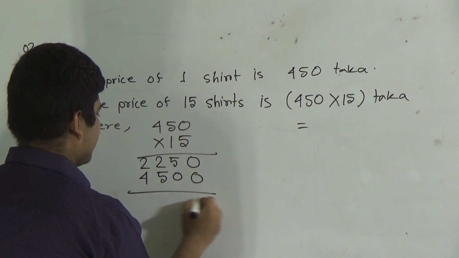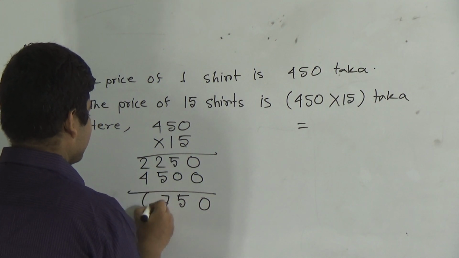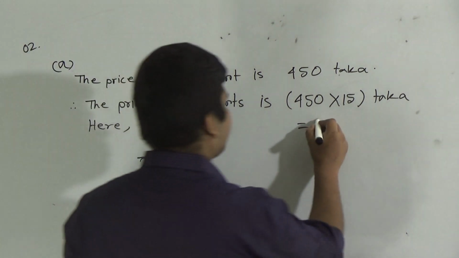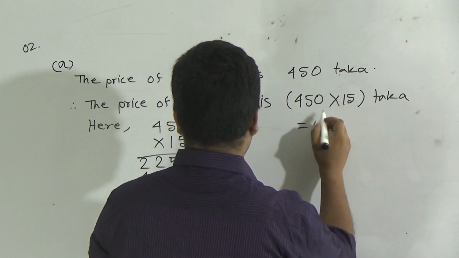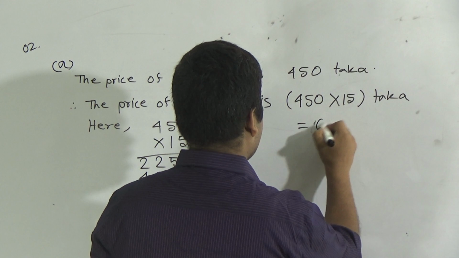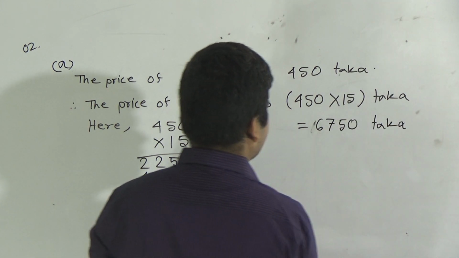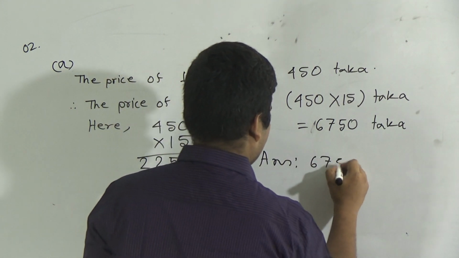So now adding, we get 6750 taka, and this is the price of 15 shirts. Okay, 6750 taka.